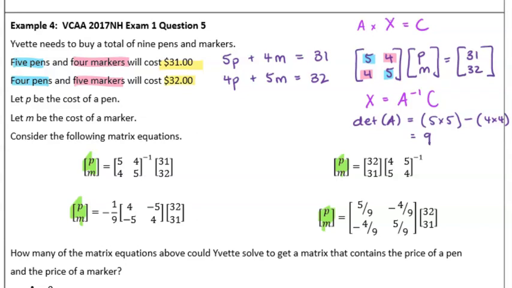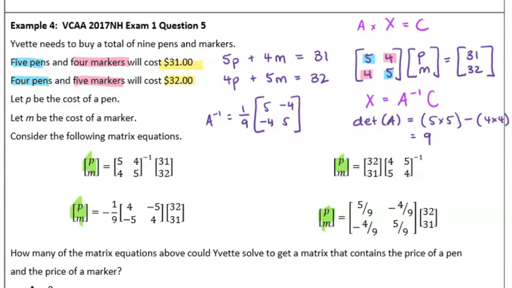And so that means when I'm doing my inverse of A, if I just pop that over here, would be swap the positions, swap the signs, and everything divided by 9 or multiplied by that determinant on the outside there.